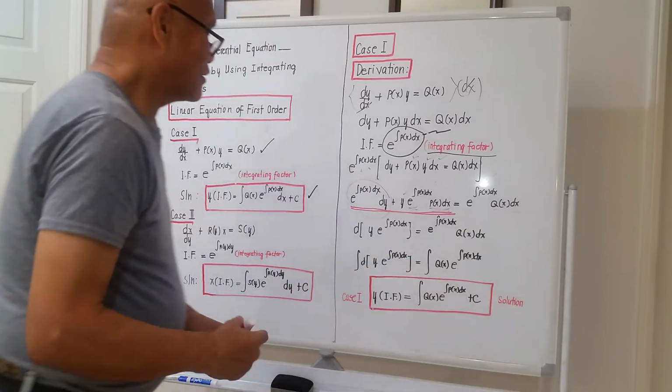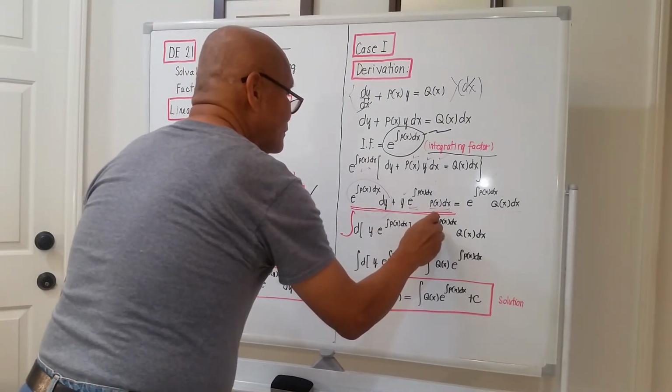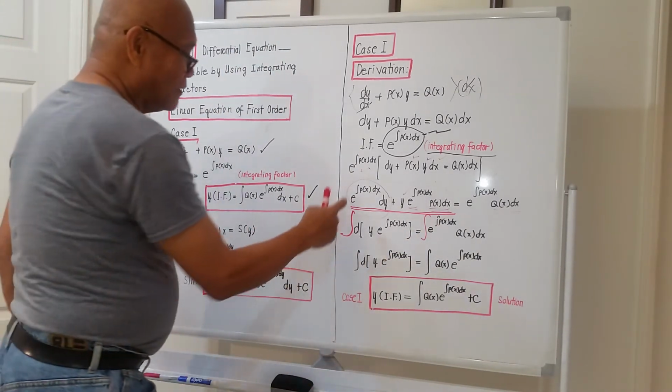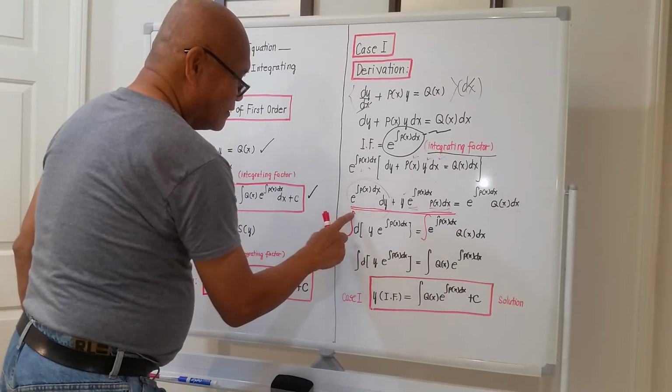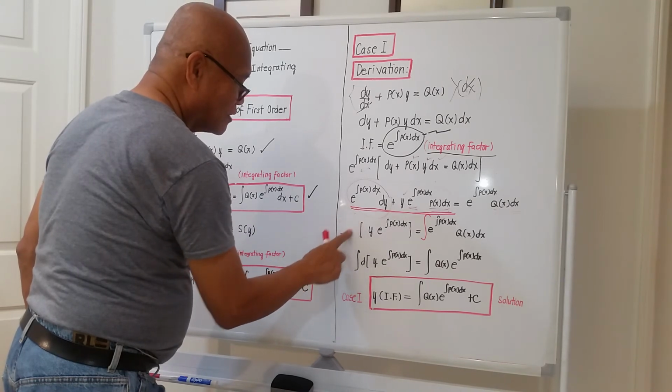Then take the integral of both sides. On the left-hand side, the integral and the differential cancel each other out.